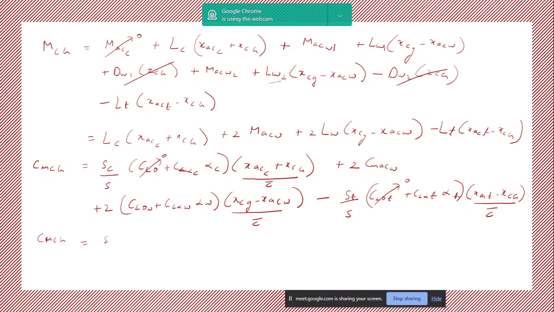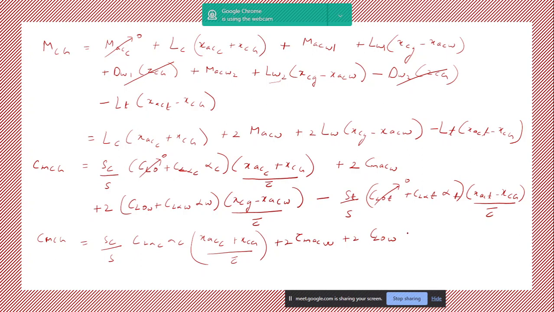CMCG is S_C upon S CL alpha C into (XACC plus XCG) by C bar, plus 2 CMAC wing, plus 2 CL naught wing.